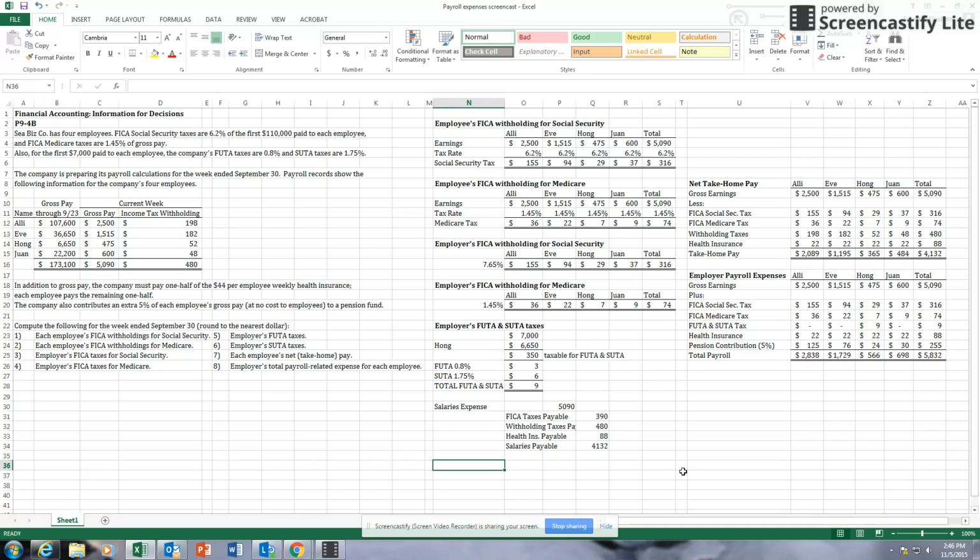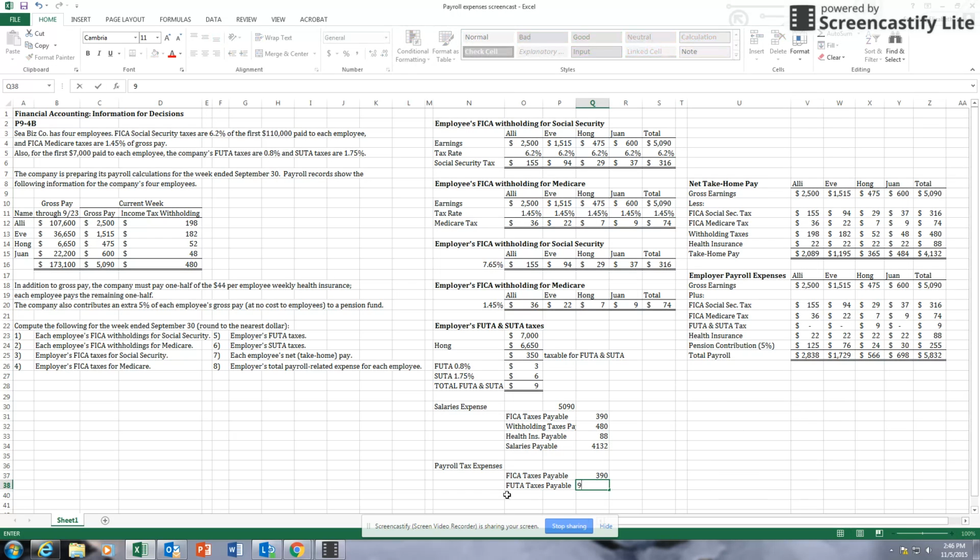Now, the employer also has payroll tax expenses to record. And those payroll taxes are the FICA taxes payable that the employer needs to pay. So that is $390 because they have to pay the 316 and the 74. They also have to pay FUTA taxes. That's federal unemployment, and that amount comes from here.